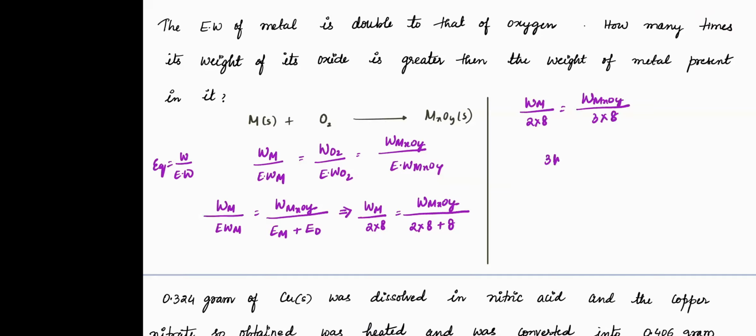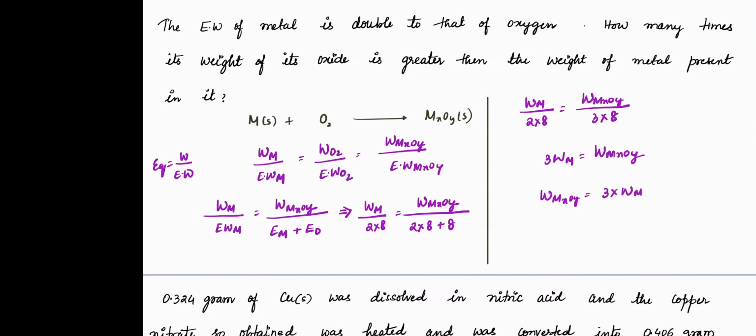So 3 times the weight of metal is equal to the weight of metal oxide. Okay? And that's what he asked: how many times is the weight of its oxide greater than the weight of metal present in it? So the weight of the metal oxide is 3 times greater than the weight of the metal. Correct?